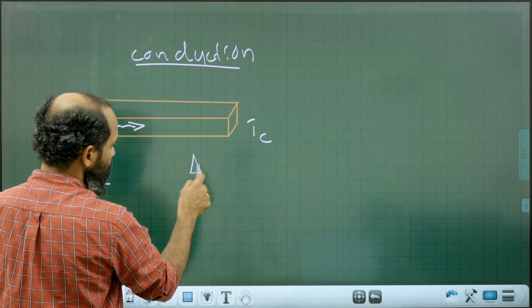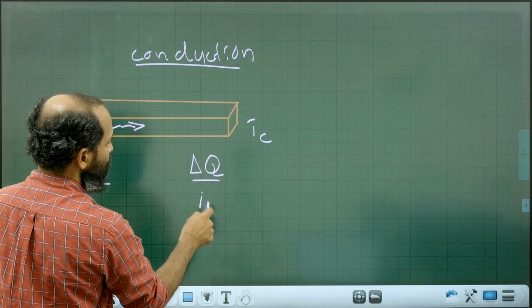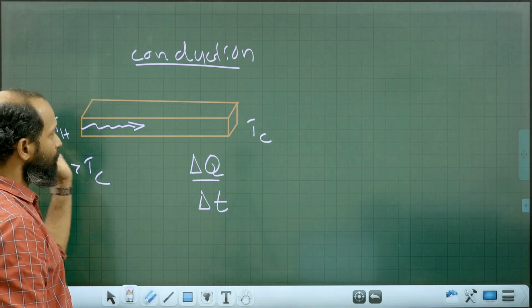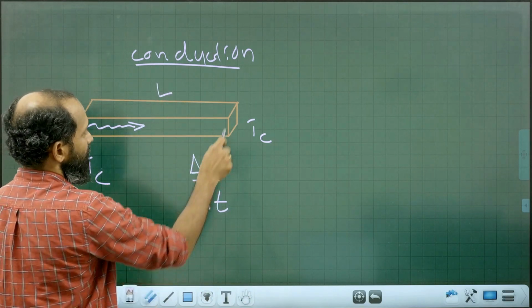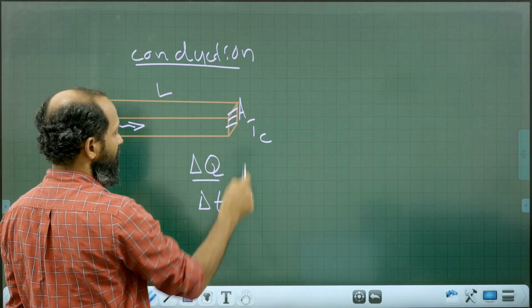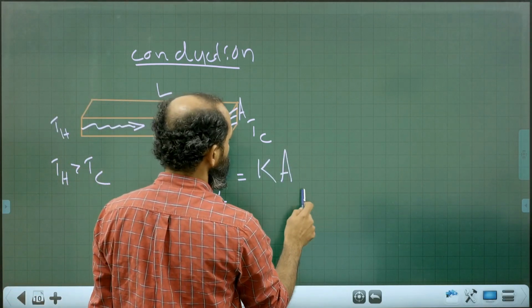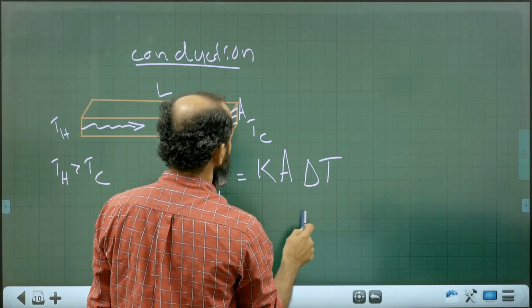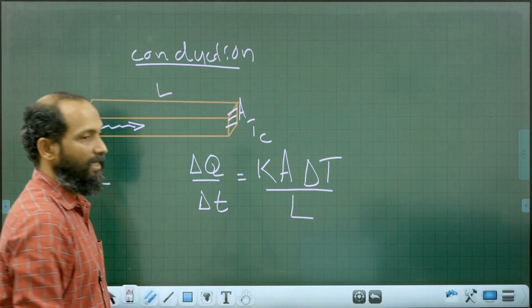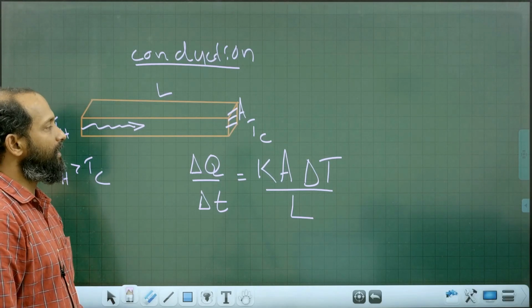The rate of transfer of heat, delta Q by delta T, along the length L, cross-sectional area A, is equal to a proportionality constant into area of cross-section into delta T divided by L, that is K A delta T by L.